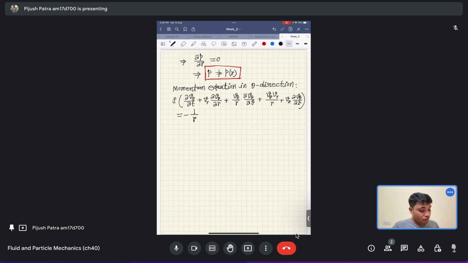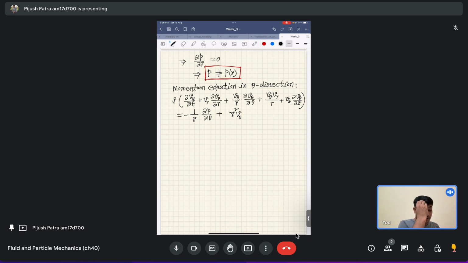minus 1 by r dou p dou theta plus, I am just writing it, the Laplacian of v theta.